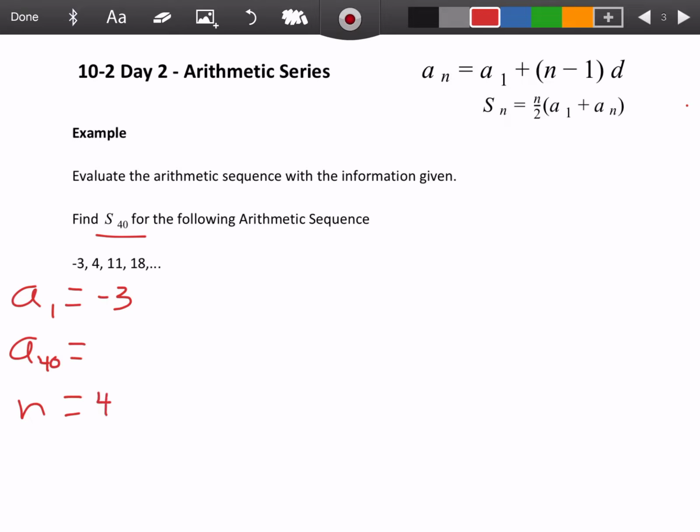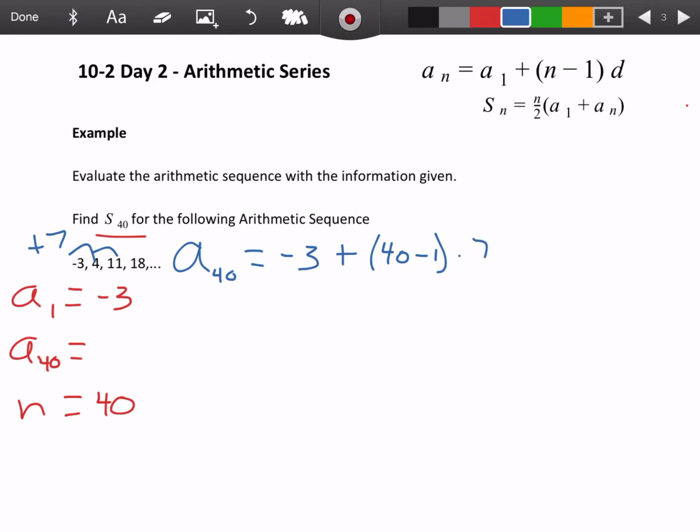And our N is 40, but we do need to find our 40th term. So we have to use that arithmetic sequence formula.